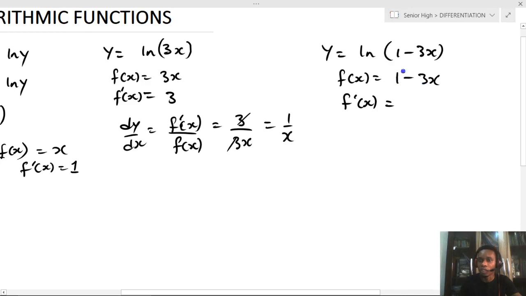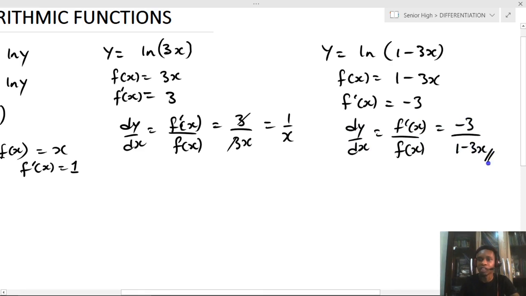Remember, this one is a constant, so it comes to 0, and then minus 3x will give us just minus 3. Therefore, dy/dx is the derivative of f of x over the function of x, which is minus 3 over 1 minus 3x, and this is the final answer.